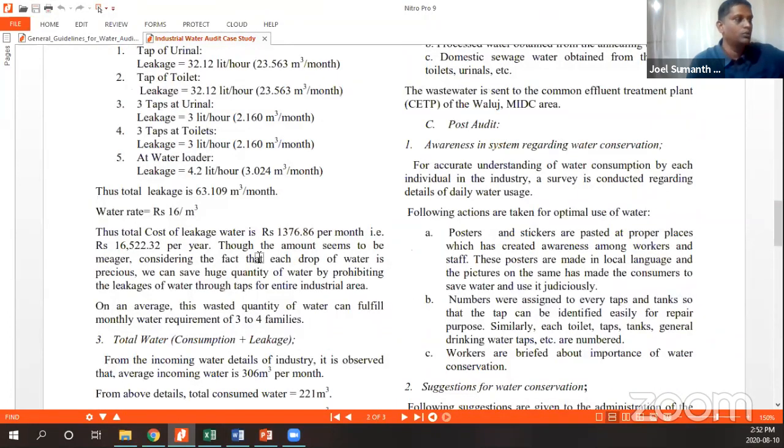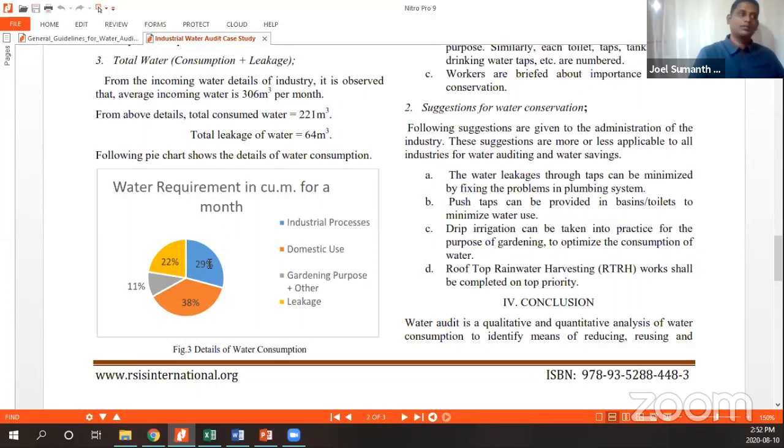Then you do a water consumption chart. You can represent how much water is being consumed for the industrial process, for the domestic process, how much is for gardening and other uses, and how much is for leakages. So if you see, around 22% of water is being lost in leakages.